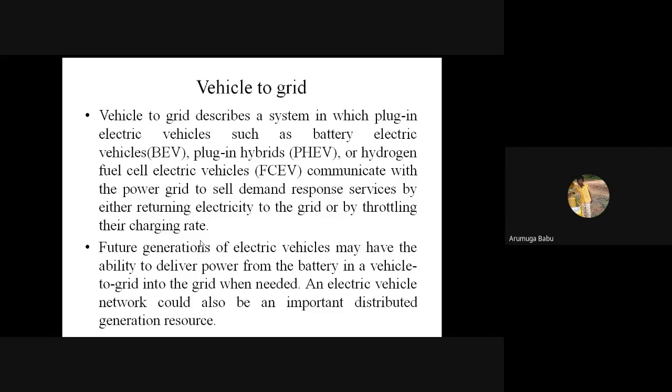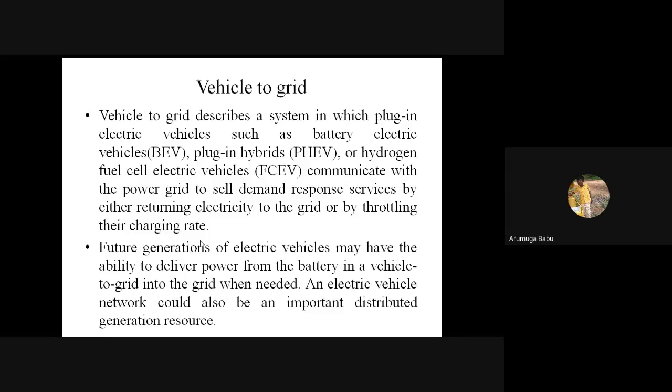How can it be done? We can install solar cells in electric vehicles. That can generate electricity as a renewable energy source, and it won't consume power from the grid. What is the main advantage?